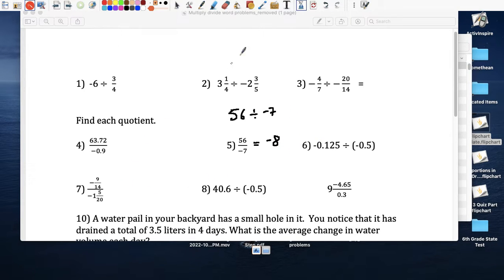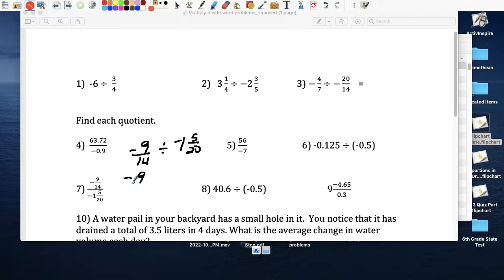Number 7, a complex fraction. Okay, so that can be rewritten as -9/14 divided by -1 5/20. So that's what that looks like horizontally. Let's rewrite this as an improper fraction.